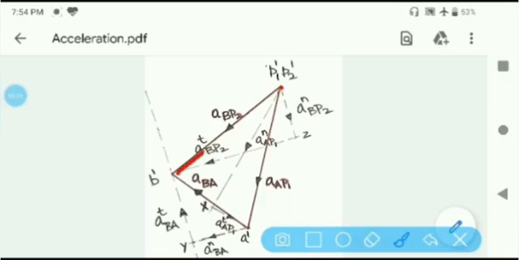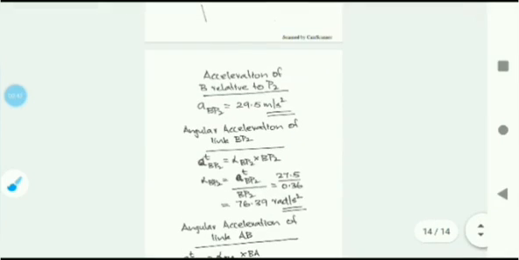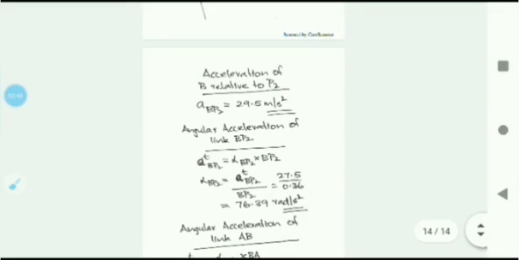The length of that line will give the magnitude of the acceleration of B relative to P2. That will come approximately 29.5 meter per second square. You can check your answer. Depending upon the accuracy with which you have drawn, the value can slightly change.